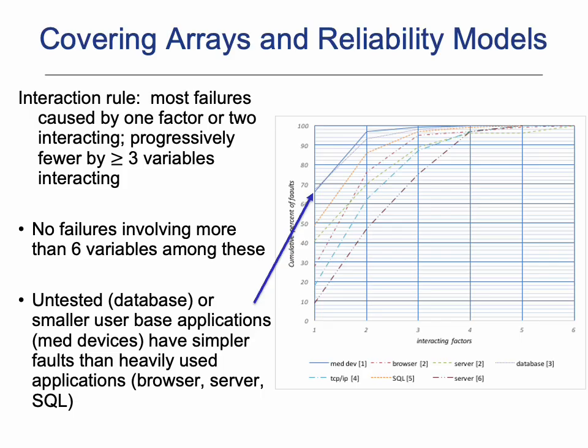The browser, server, and SQL open source software, of course, are used by hundreds of millions of people daily, probably billions in some cases. So the heavily used applications tend to shake out the errors over time, so we would expect the fault profiles for these to be much better because the errors have been removed.